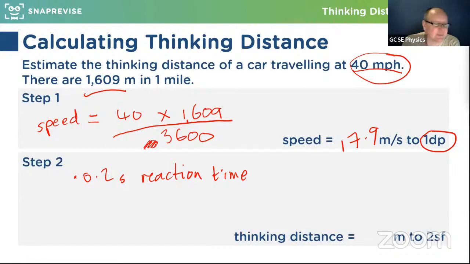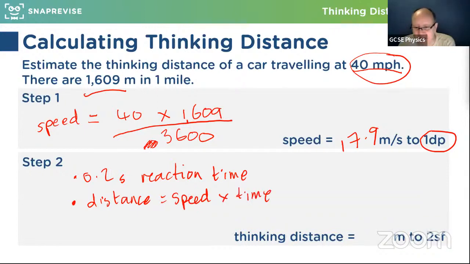And then the second point we need to do for step two here is we need to understand our distance equation. So distance is going to equal speed times time. Distance equals speed times time.